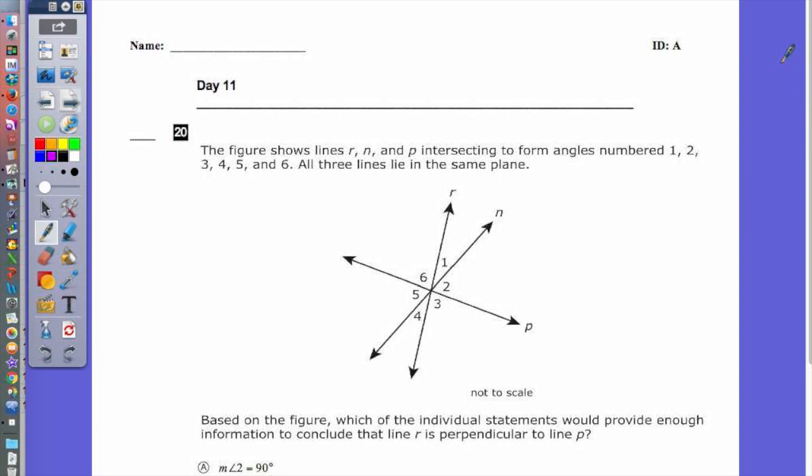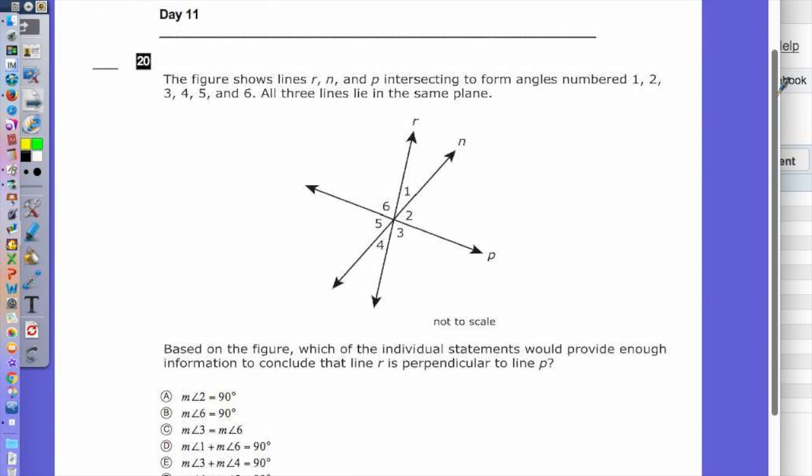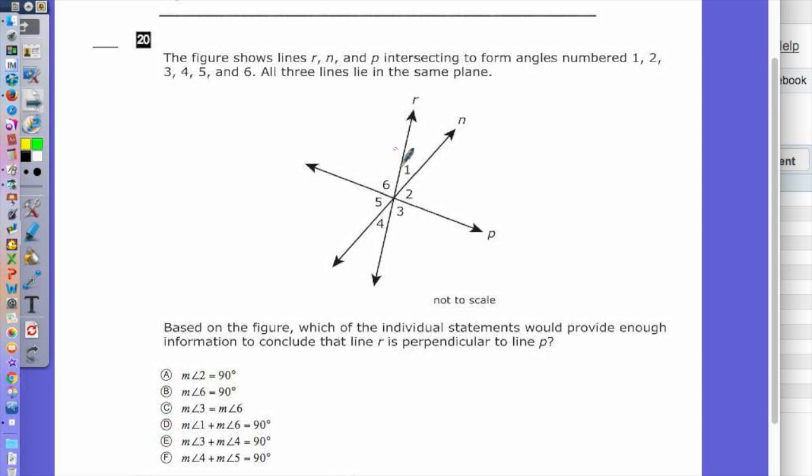They are asking you which statements would prove line R and P are perpendicular. That means you need angles that have sides of line R and line P. If angle 2 is 90 degrees, you are not proving that RP is a right angle, you are proving that NP is a right angle.